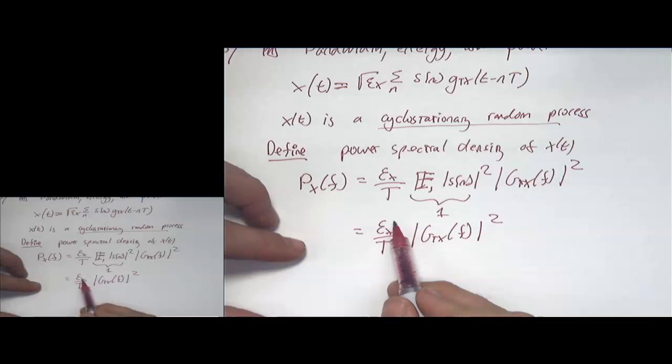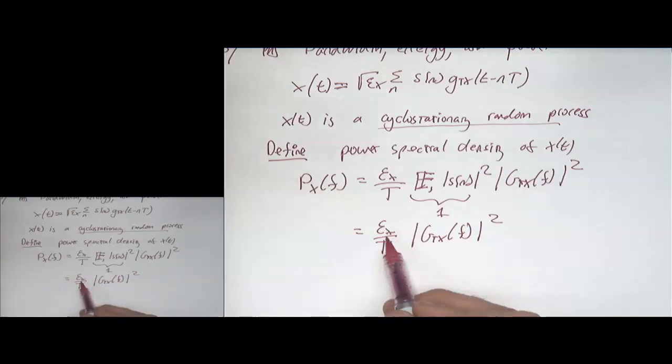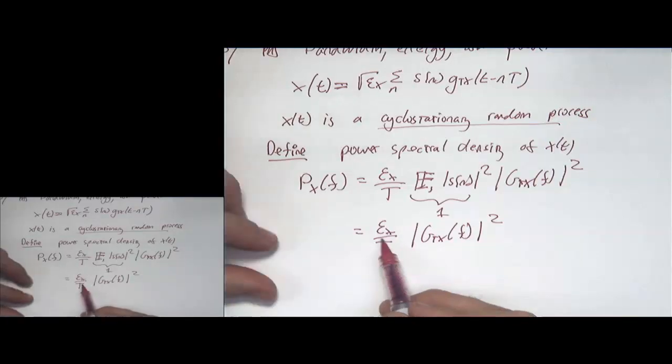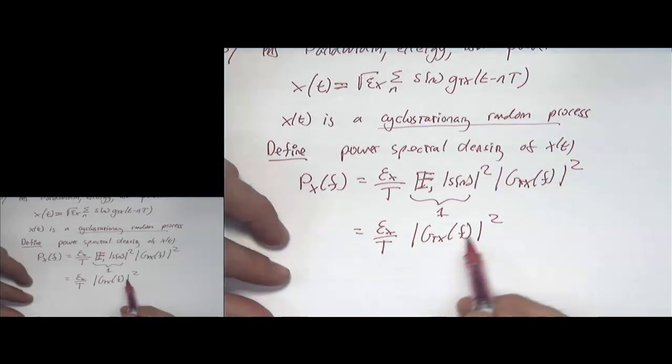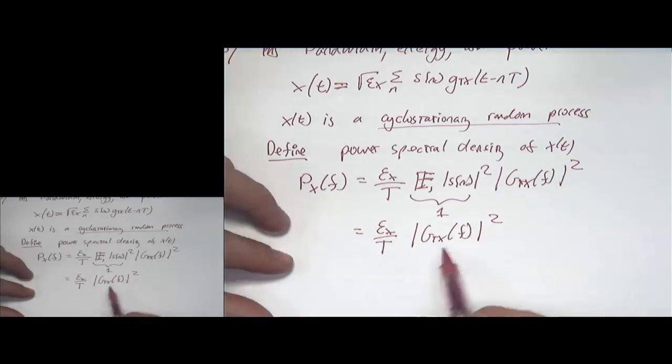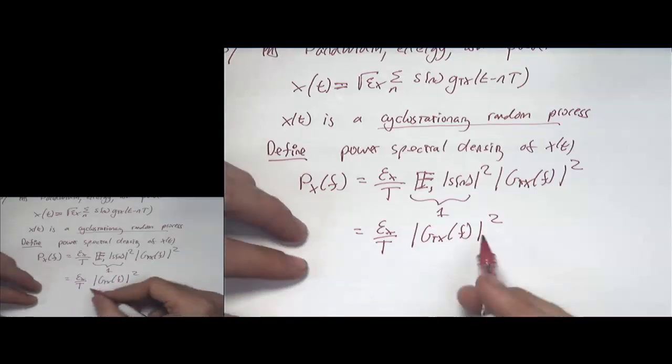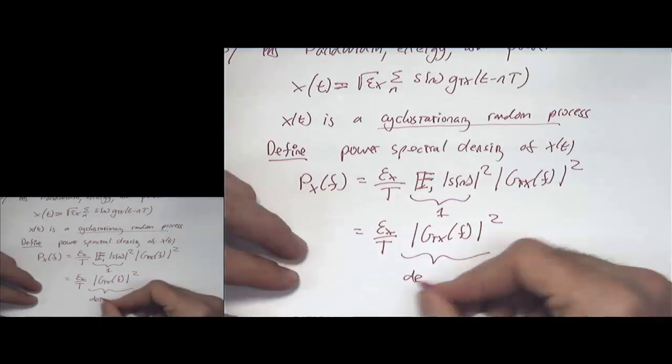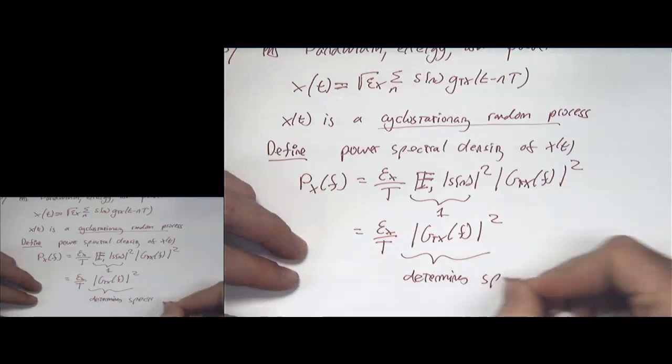The units of this would be joules per second, which corresponds to what we think about as power, so for power spectrum it makes a lot of sense to have a T here. And then this G_tx of f means that the spectrum of that pulse shape determines the spectrum of our signal. So what would happen if we used a square wave as a pulse shape?